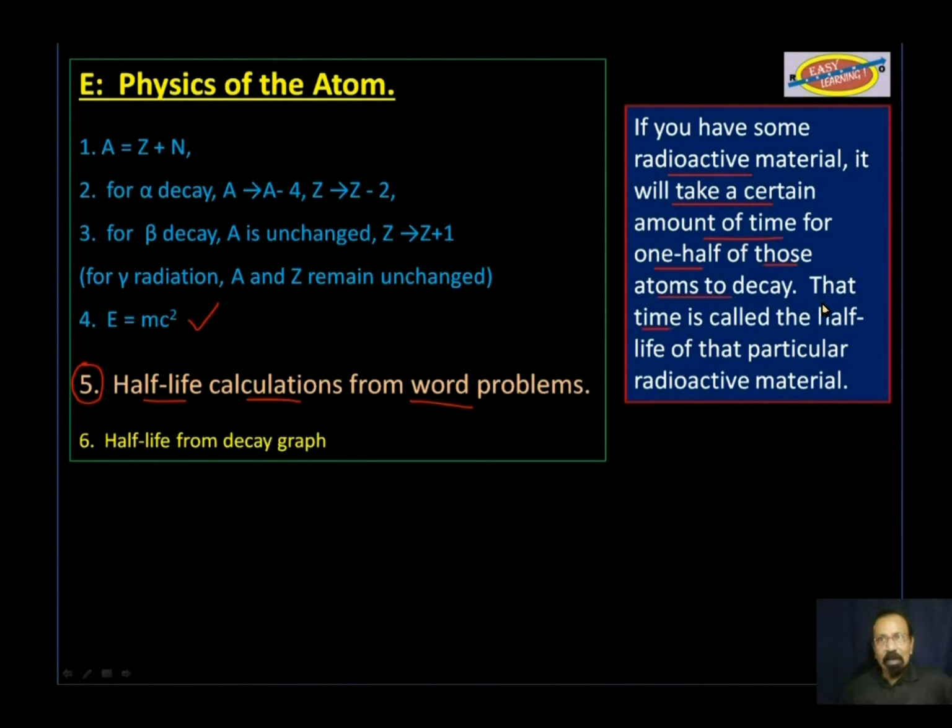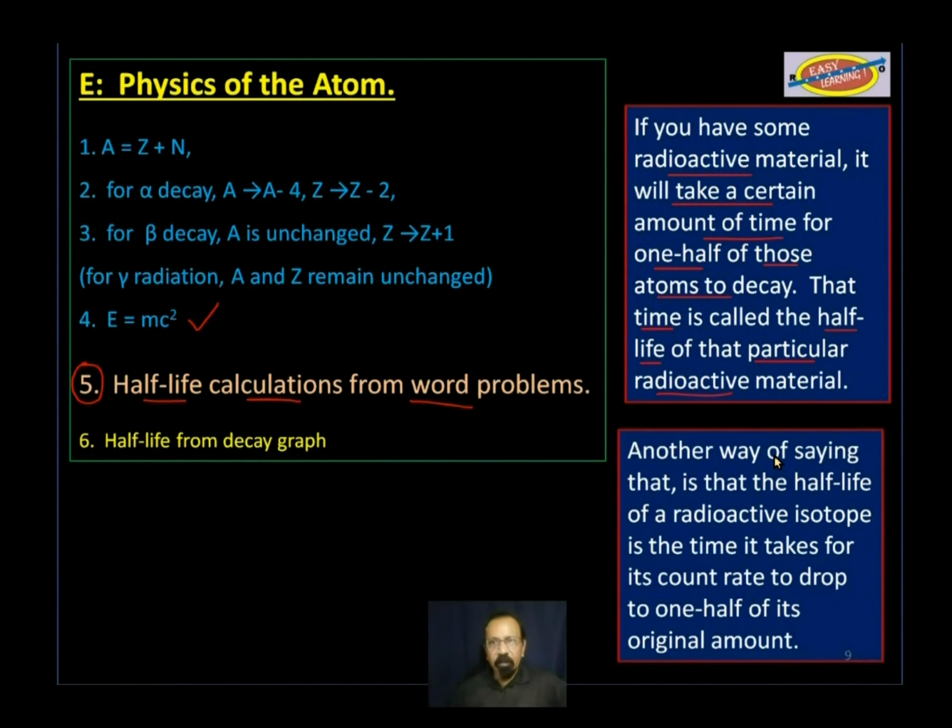Now, that time is called the half-life of that particular radioactive material. Another way of saying that is that the half-life of a radioactive isotope is the time it takes for its count rate to drop to 1/2 of its original count rate.